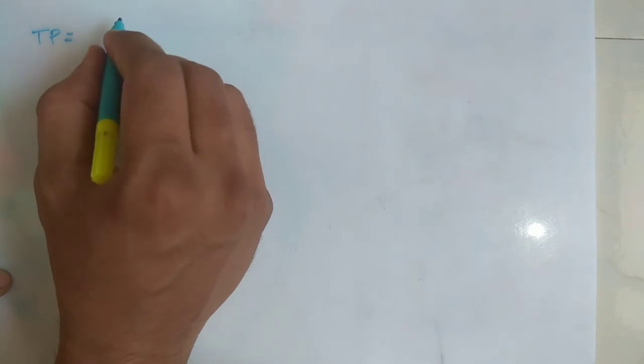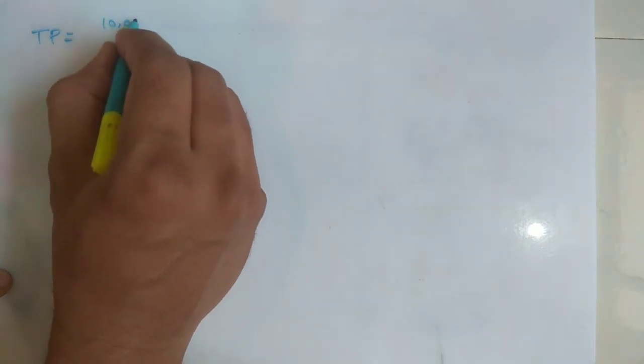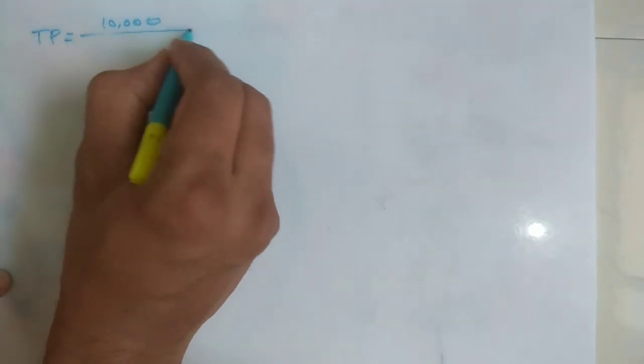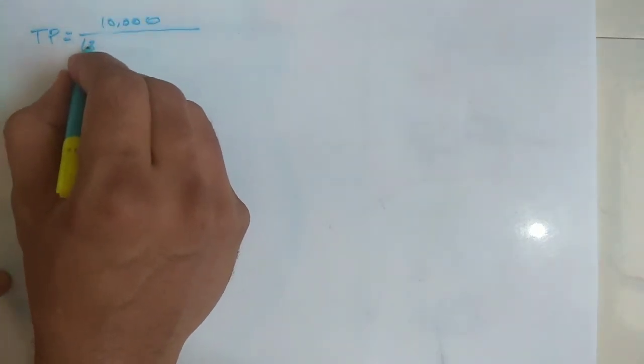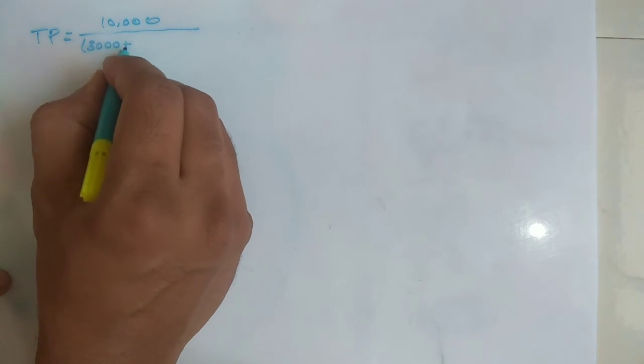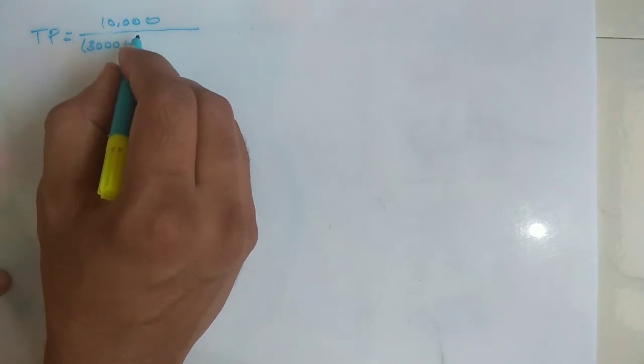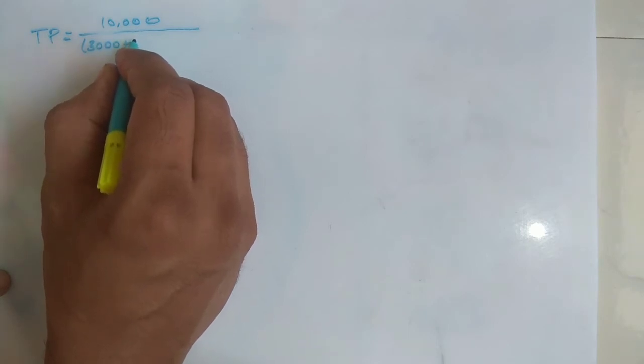So total productivity is the ratio of total output, that is 10,000, divided by total input, that is labor 3,000, then material, then capital, then energy.